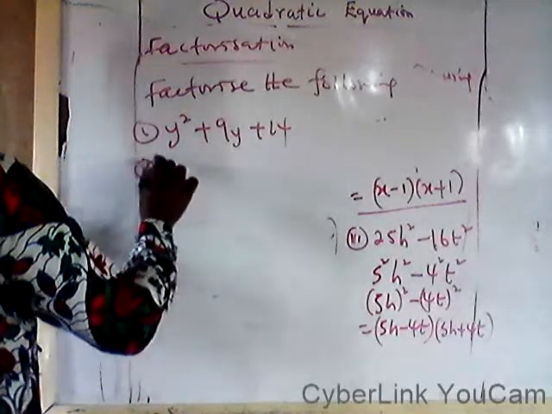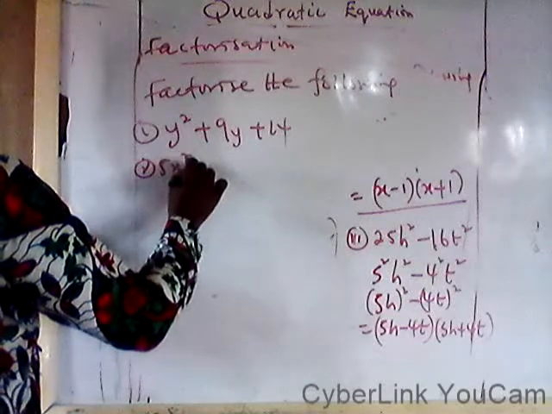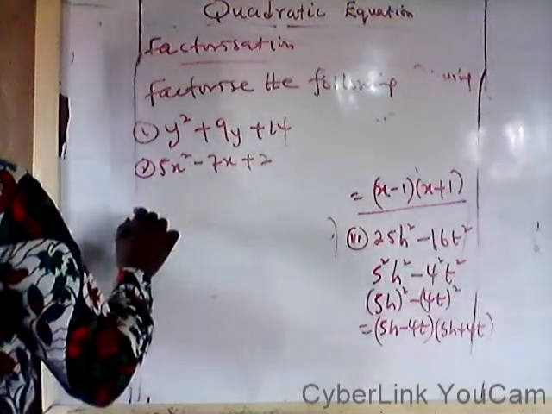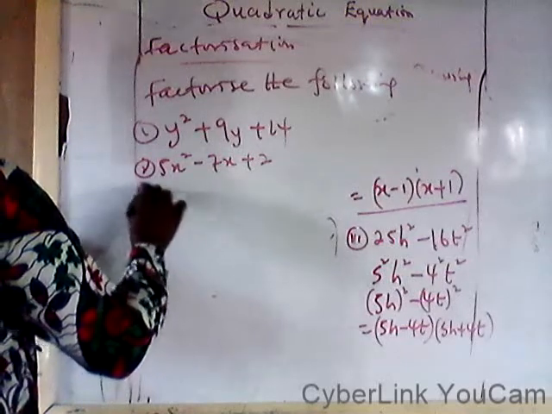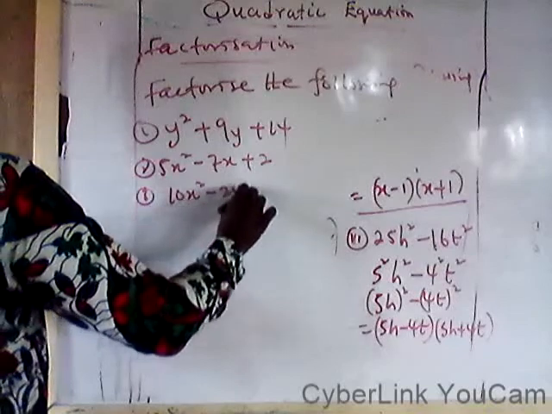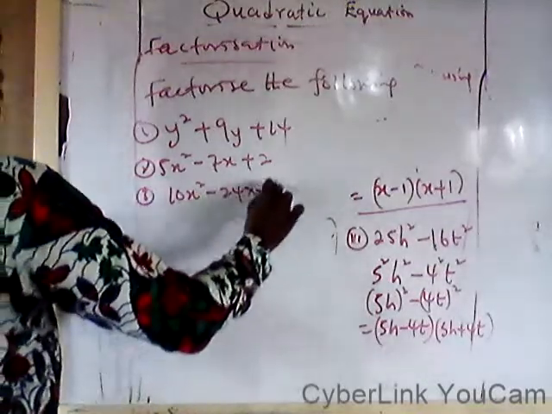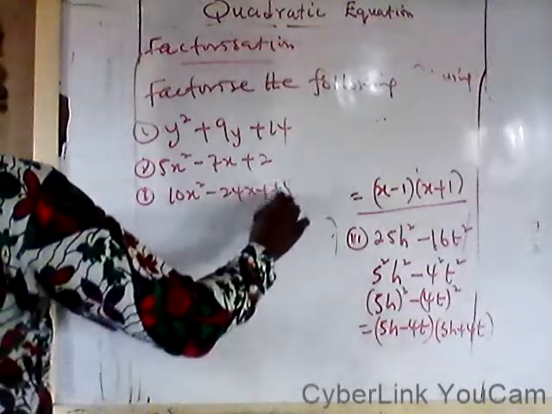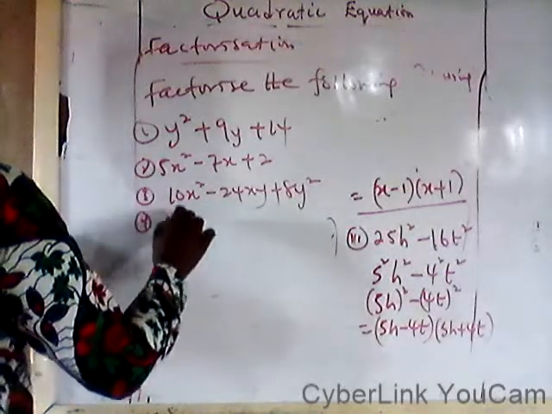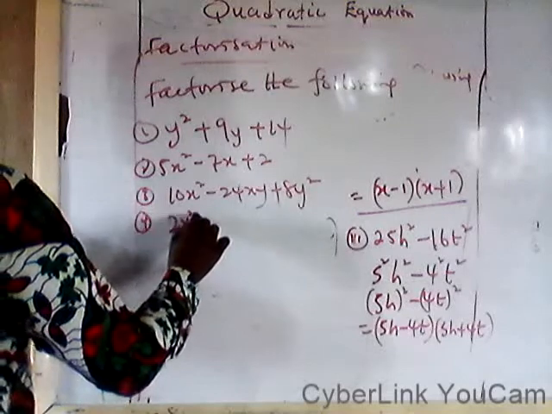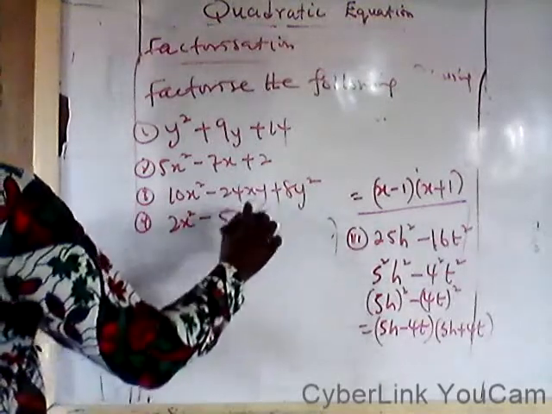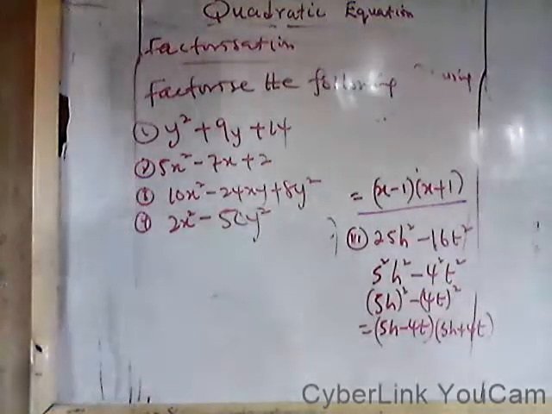The second one is 5x squared minus 7x plus 2. The next one, number 3, you have your 10x squared minus 24xy plus 8y squared. And the last one, number 4, you have your 2x squared minus 50y squared. The last question is on a difference of two squares.